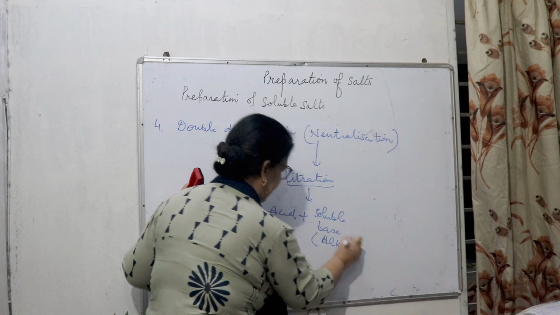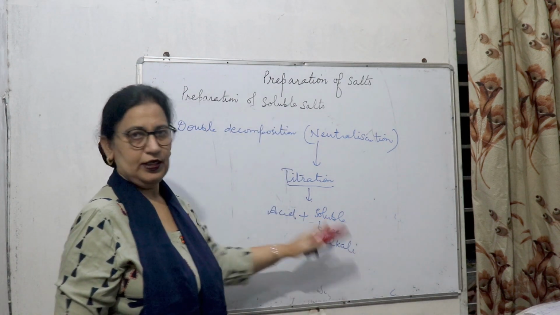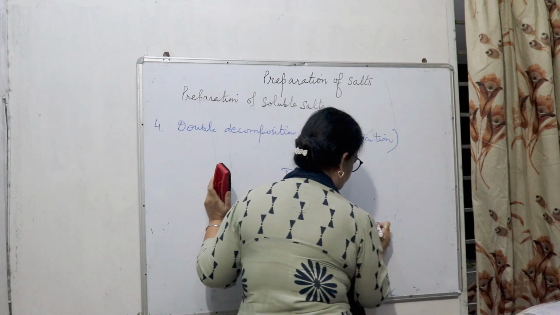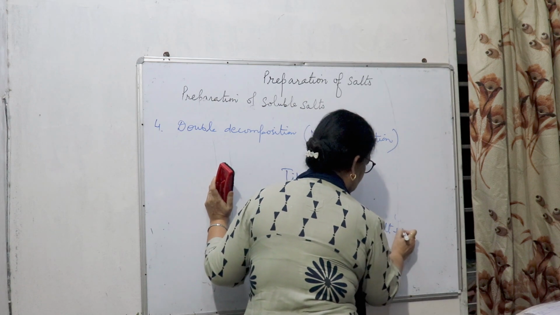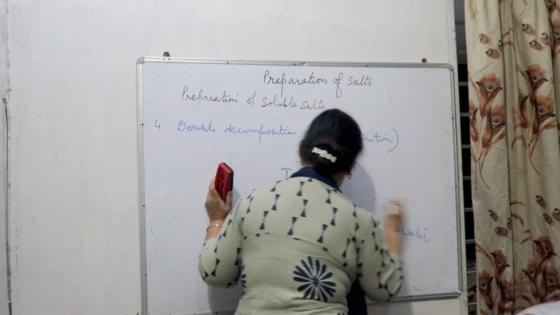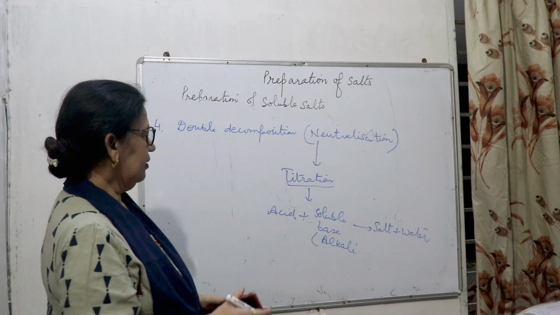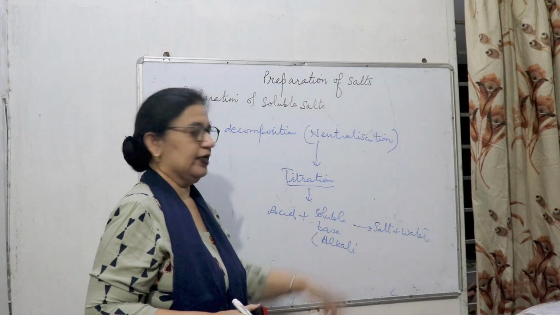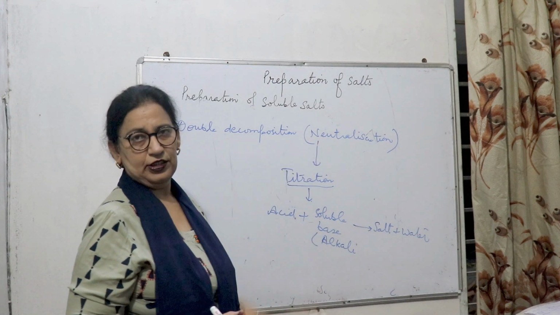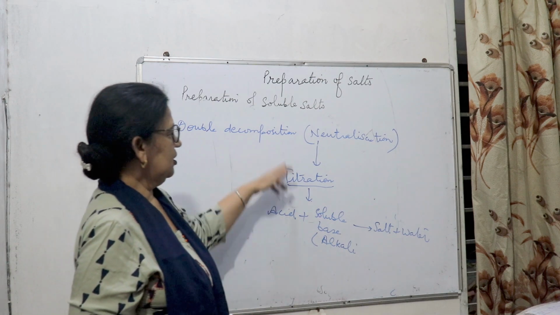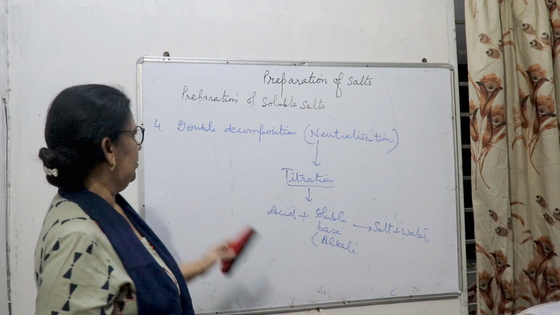When acid reacts with the soluble base or alkali and gives salt plus water, that is called titration. Otherwise, when acid reacts with the base that gives salt and water, that is neutralization. So one addition is there, that is titration.